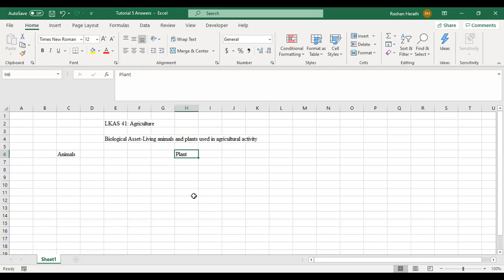And you can further divide these into two categories. What is that? When we take plants, you can divide them as either bearer plants or consumable plants.